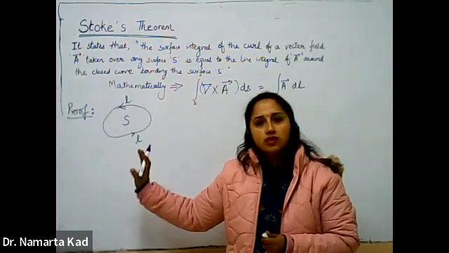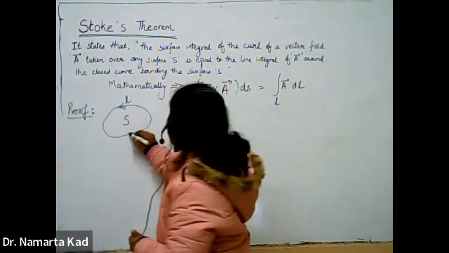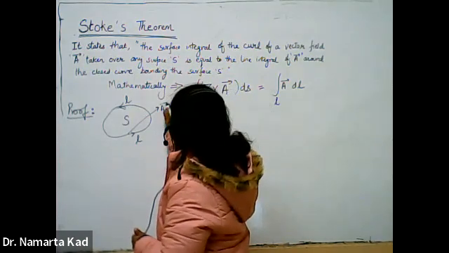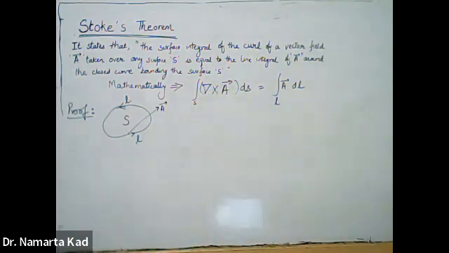And A vector is coming out from this surface, any A vector. So, starting with the same concept, consider surface S with a line L as its boundary.